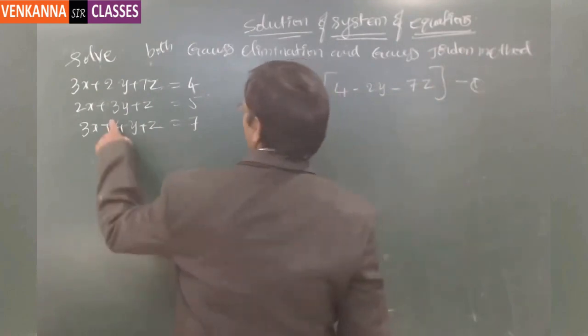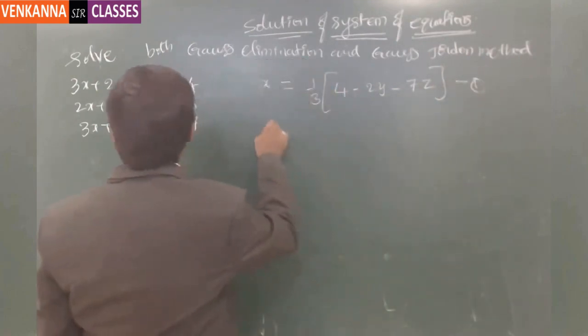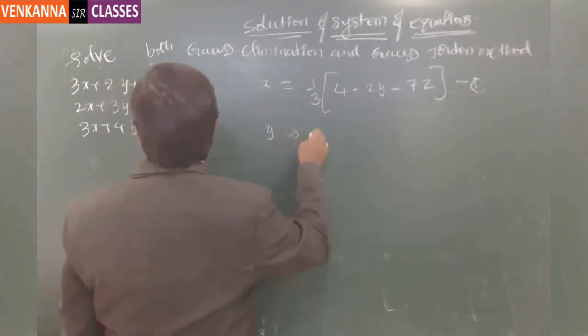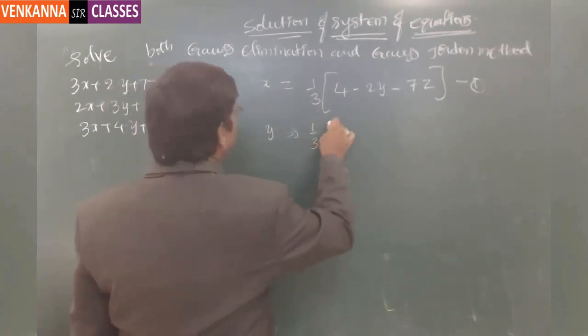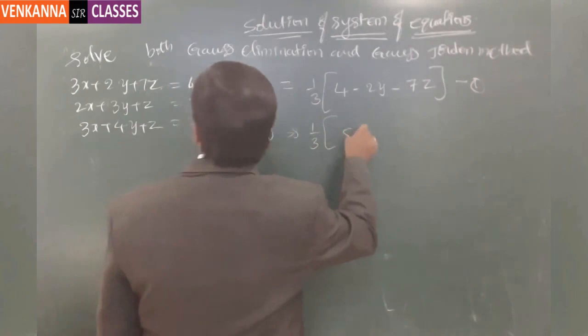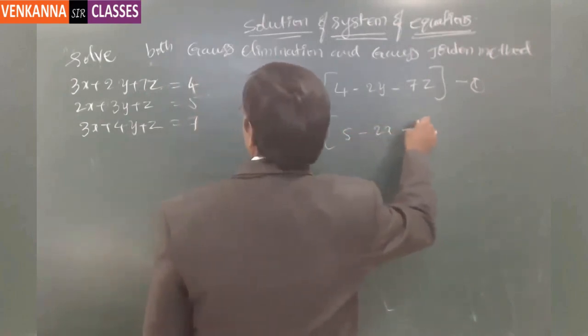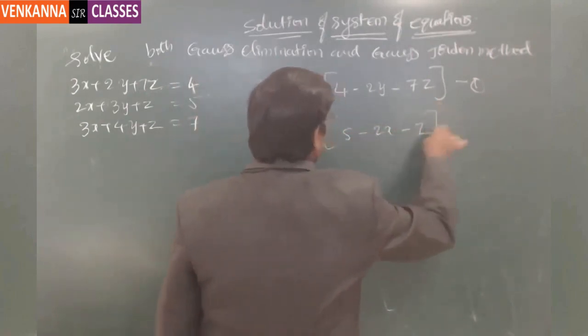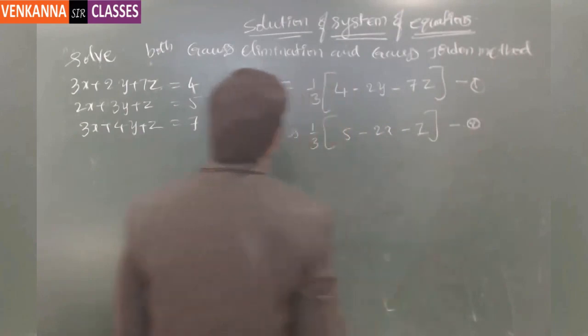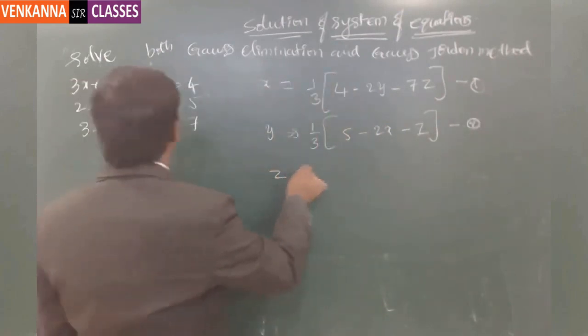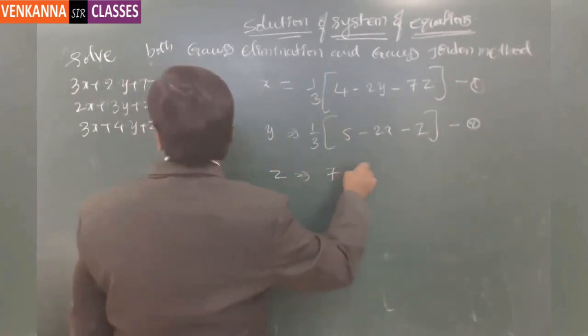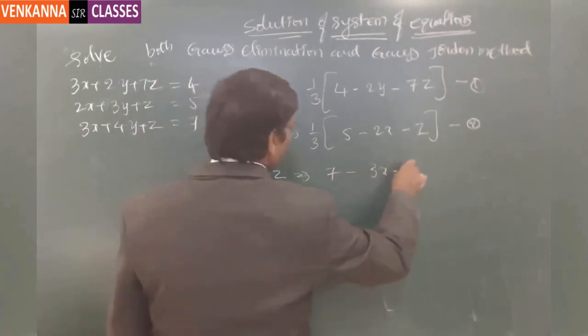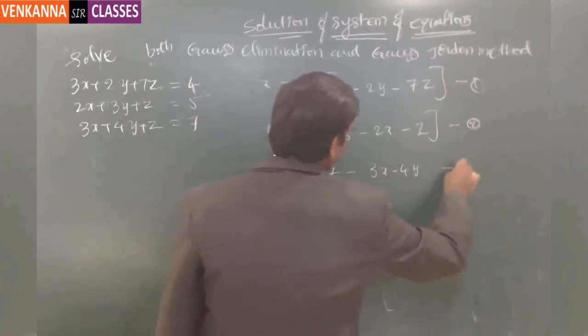And then for this one, I will express y is equal to 1 by 3 times of 5 minus 2x minus z. So this is equation number 2. In the next equation, z I will express as 7 minus 3x minus 4y. This is equation number 3.